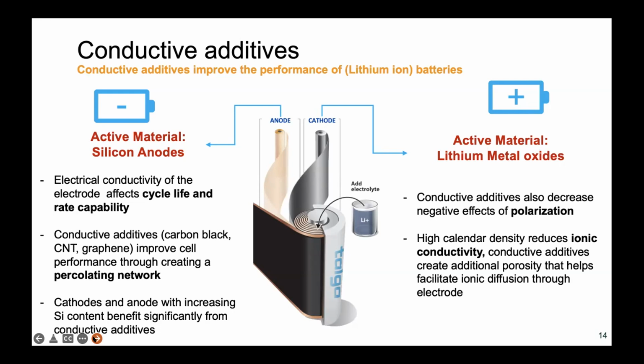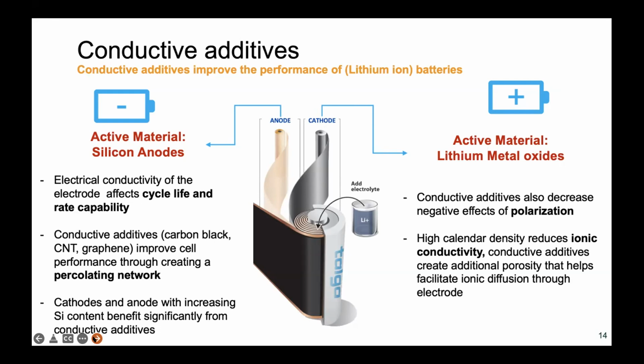But graphene offers a good solution here because the rheology of the slurry that you use to make that coating is less impacted than, for example, with nanotubes. So what you want is this conductive network throughout your electrode that can ensure that your conductivity remains sufficient.